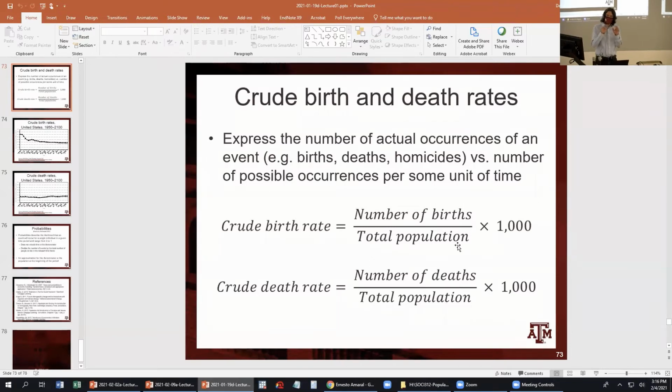If you take the births for a specific population in a specific year and divide by the total size of the population, that number is going to be really small in decimal places. So, to make it easier to interpret, you multiply it by 1,000. The same thing applies for the crude death rate: the number of deaths divided by the total population, times 1,000.